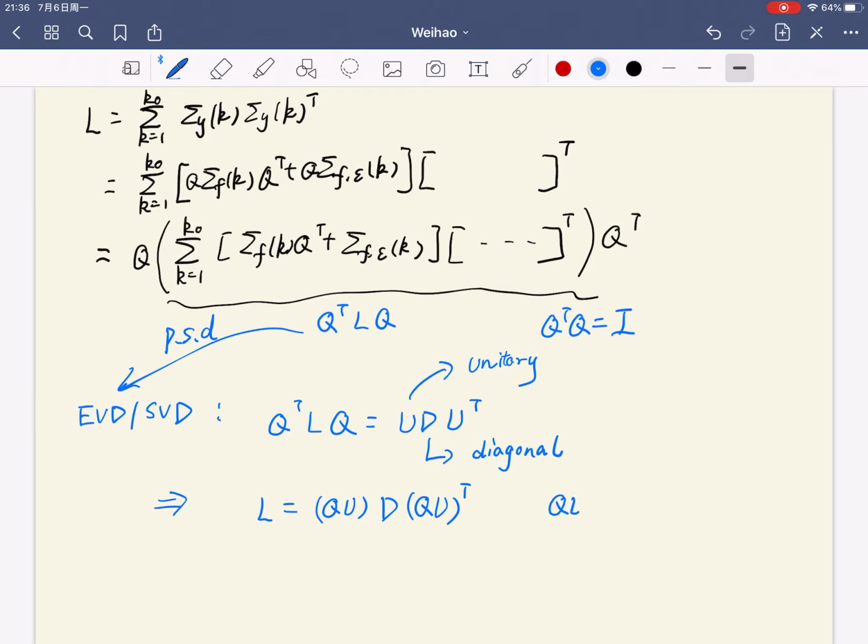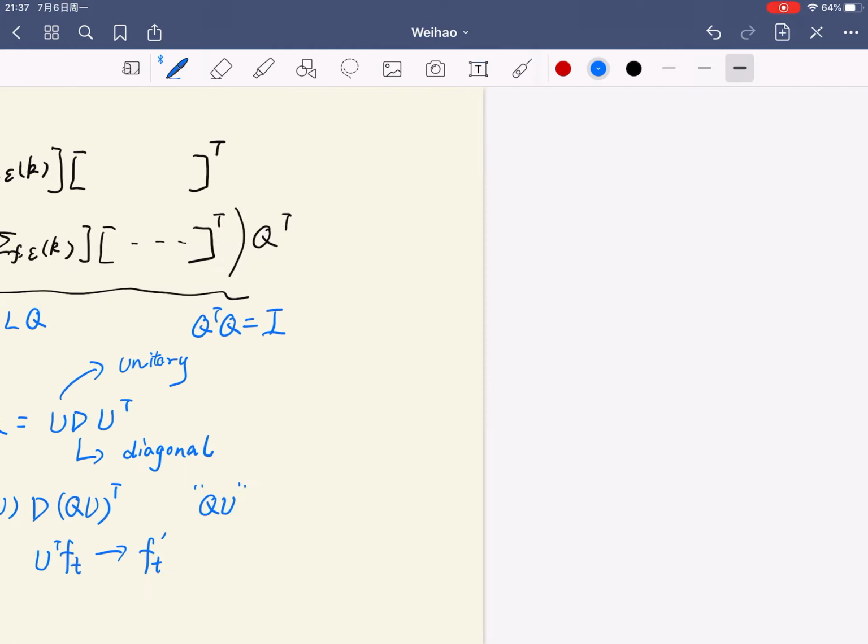And notice that this QU is satisfying our model. That is to say, we rotate the f_t in a special way by U, because any unitary matrix is a rotation matrix. We can call it f_t prime.